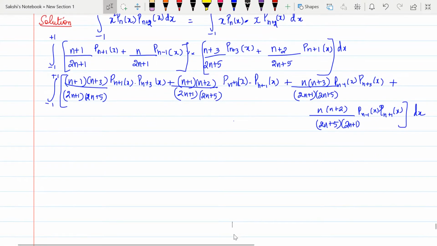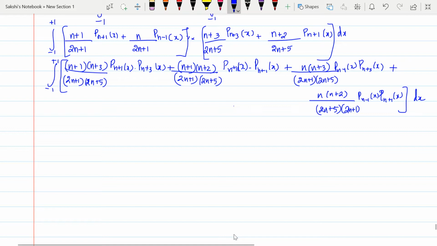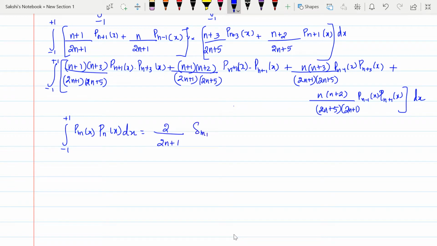I'm going to write the orthonormal property over here, which is integral from minus 1 to plus 1 of Pm of x Pn of x dx will be equal to 2 divided by 2n plus 1 delta mn. So if you see, when m is equal to n, delta mn will be equal to 1.